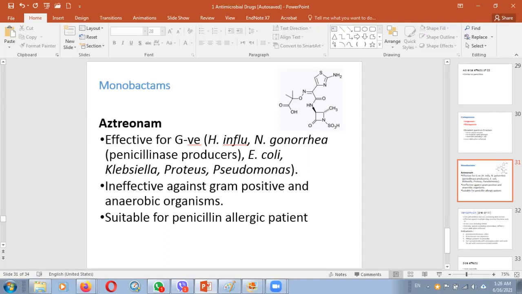It's effective for gram-negative bacteria like H. influenzae and Neisseria gonorrhea, penicillinase producers, E. coli, Klebsiella, Proteus, and Pseudomonas. Ineffective against gram-positive and anaerobic organisms and suitable for penicillin allergic patients.